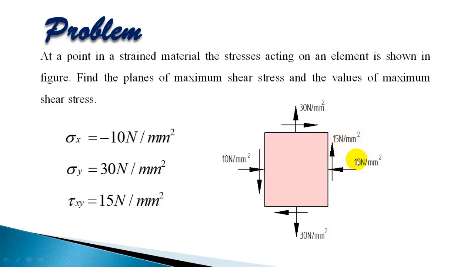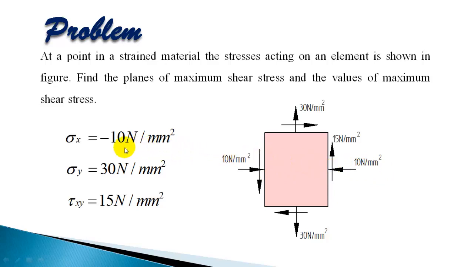So in the x direction sigma x is minus because it's compressive, and you can see that both the forces are acting towards that element in the x direction. So it is compressing the element, or on the right face if you see, it is acting towards the element.